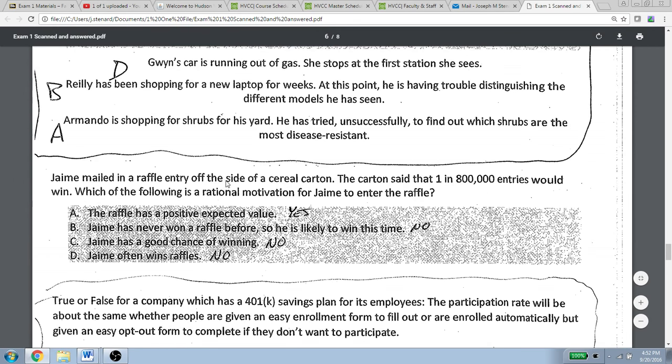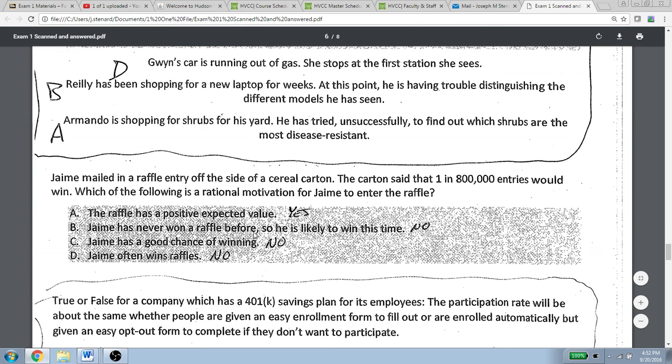You take that percentage chance, multiply it times whatever the prize is worth, and that would be the value of the entry. For instance, if he was going to win $400,000 as a winner, then the value of that would be about 50 cents.